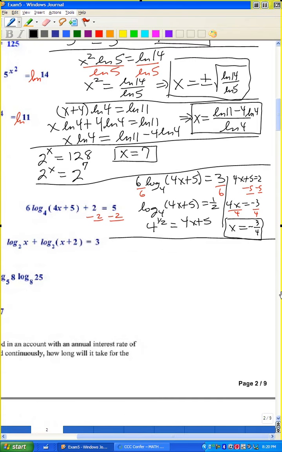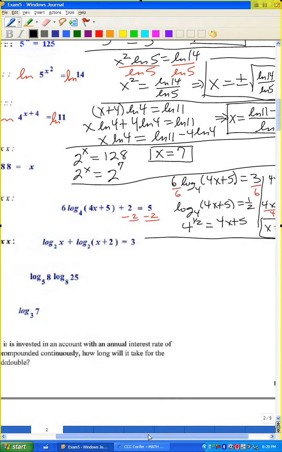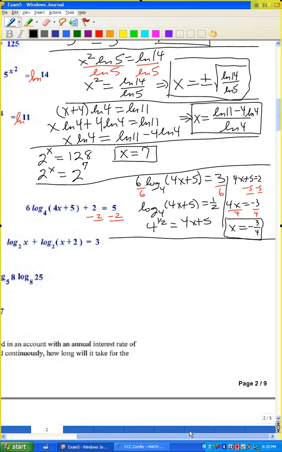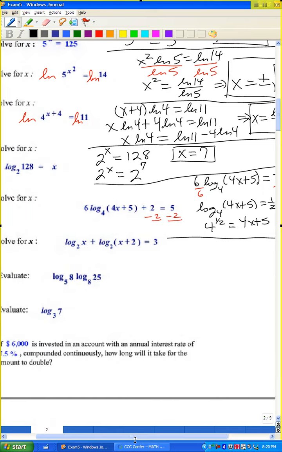Okay, let me do the next problem, problem number 13. So, by the properties of logarithms, if I'm adding two logs, that's the same as taking the log of their product. So let's multiply x times x plus 2.